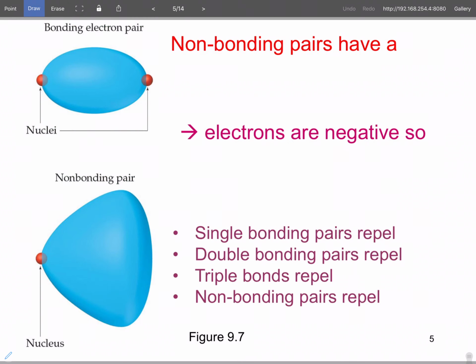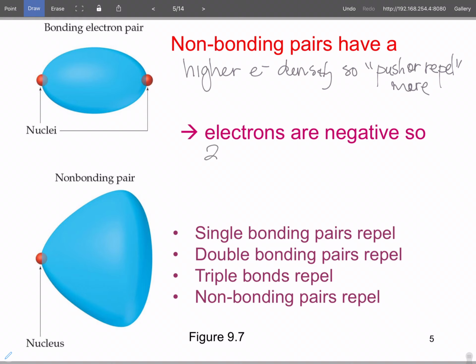Now let's go back and define the non-bonding pairs. We said they have a higher electron density, so they're going to push or repel more. Remember, electrons are negative, so two negatives will repel more.